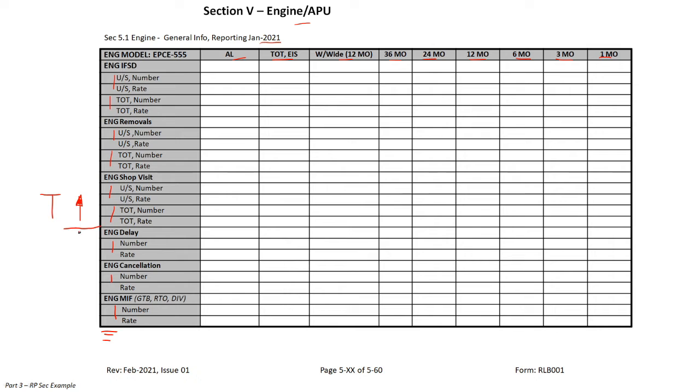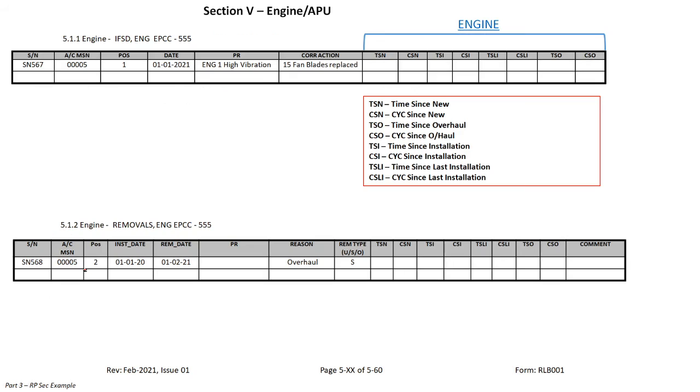Delays, cancellations, flight interruptions are more operation oriented, operation focused. Technical items are mandatory, so we need to include these items in this table. Operational items are optional.